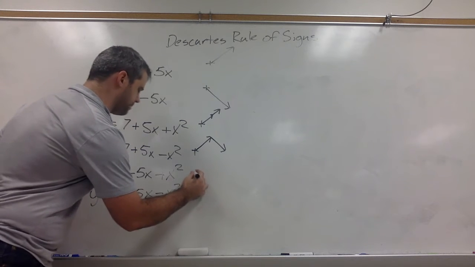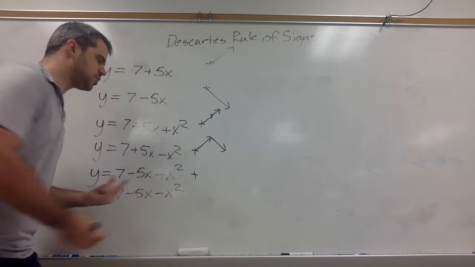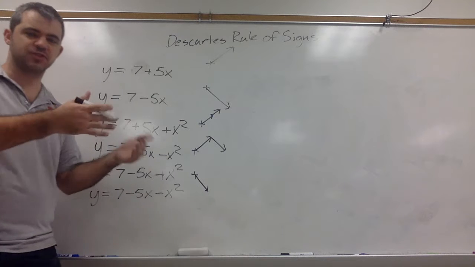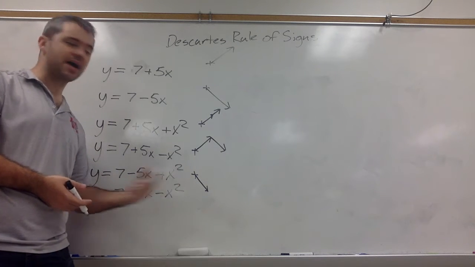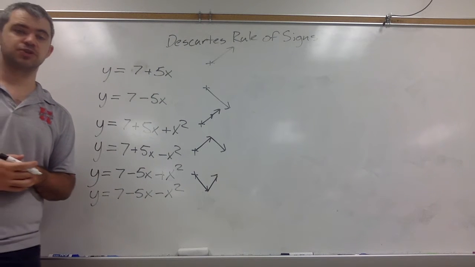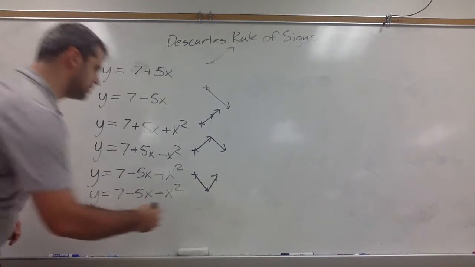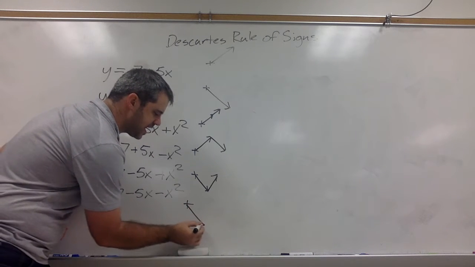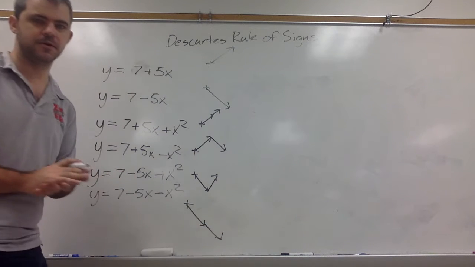This guy was positive, starts at positive 7, but for a while this guy is bigger than this guy, so it's going to start to drag us down. It's going to drag us towards the negative values. But then eventually this guy is positive and he takes over. So we change directions there. Well, what about this last guy? So this guy starts positive. This negative 5x takes us down. And then this negative x squared keeps us going down.